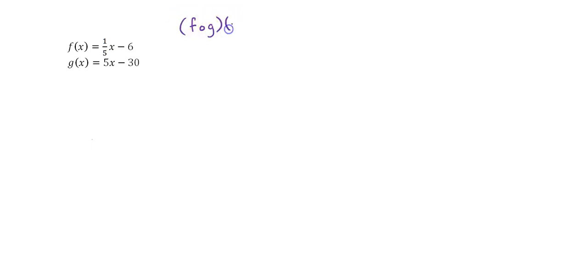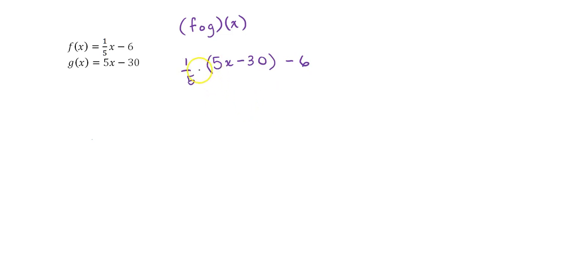All right. So let's take a look and see if this next one is going to be an inverse or not. I'm going to go with f composed with g of x. So my 5x minus 30 becomes the input, and I have the 1/5, and that's my x, so this is in place of the x, minus 6.